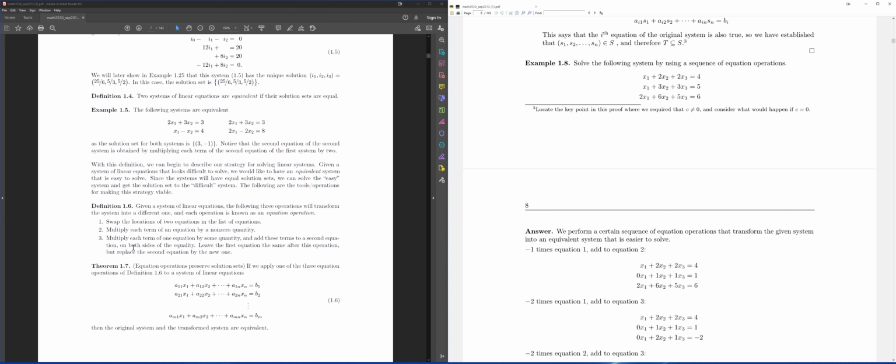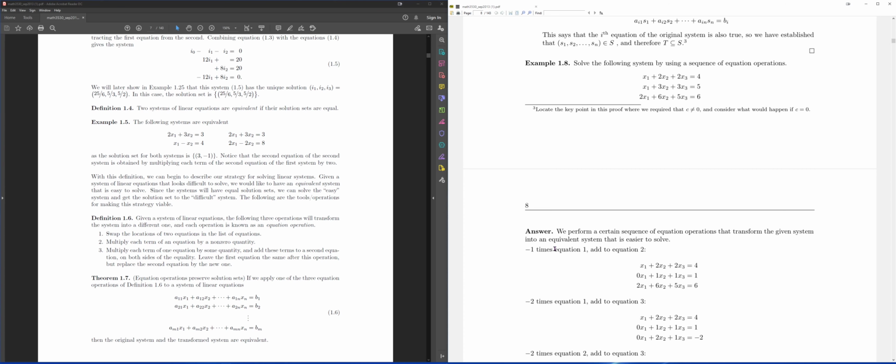So that's type 1 and type 2. And if you add a multiple of one equation to a second equation like this, you don't change the solution set. So that is what this theorem is saying: when you do these types of operations, you don't change the solution sets.